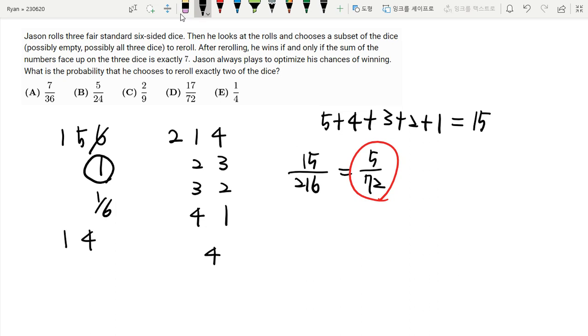Or this way. Let's say the sum comes out this way, and then to change this, he can change this number to, for example, 3. So what I want to say is, if he throws just one die, the probability is always 1/6, because any number on the die has the same probability, 1/6.